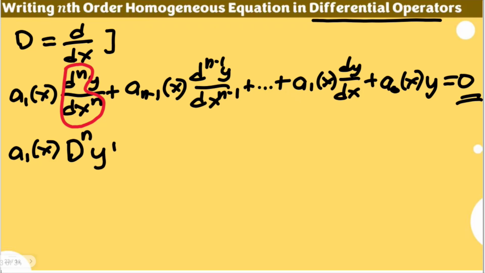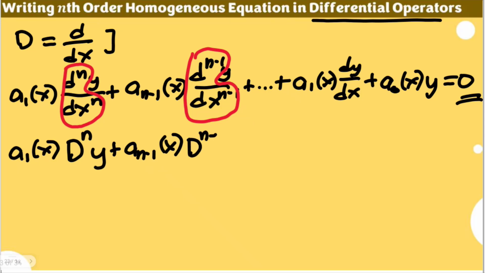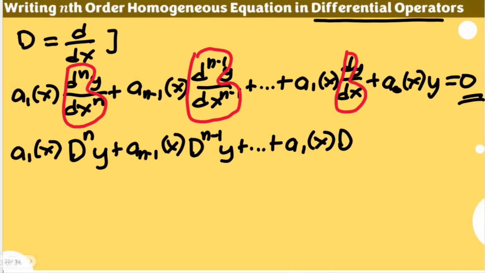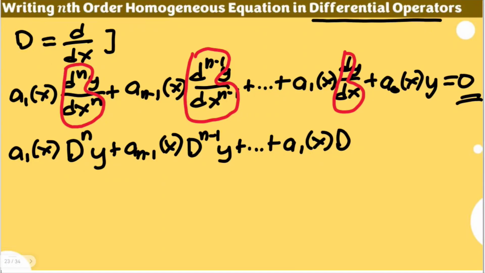Then plus the next one, a sub n minus 1 of x, similarly D to the power of n minus 1 y, plus dot dot dot, plus similarly here d over dx, so you will have the form a sub 1 of x D y. And since the last term doesn't have d over dx, we will still stick it as it is, a sub 0 of x y equal to 0.